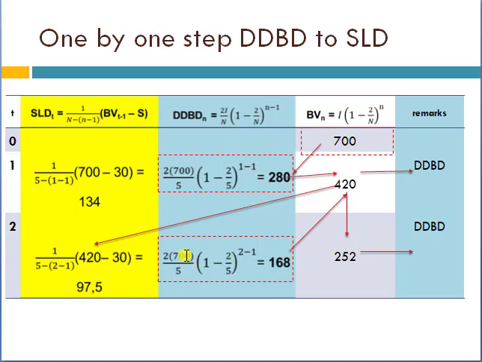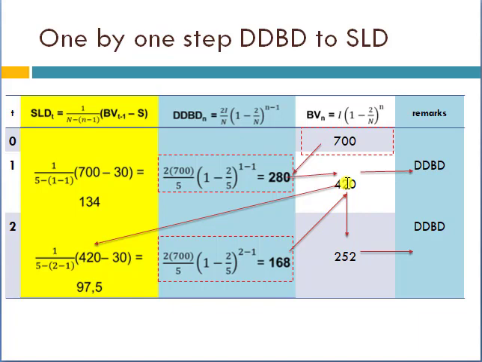Okay, and then we use 700. 700 in here because we are going to use the DDBD, and the DDBD itself uses the constant number, which is 700. 700, 1 minus 2 multiplied by 5, and then we change the little n with 2, and it turns out that the DDBD value is still greater than the SLD formula.